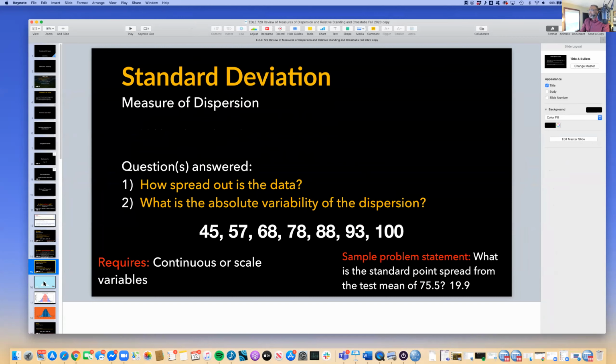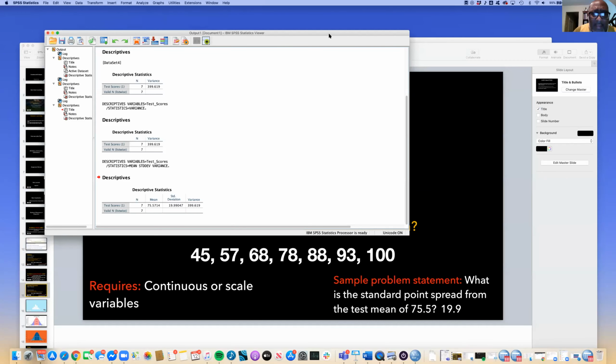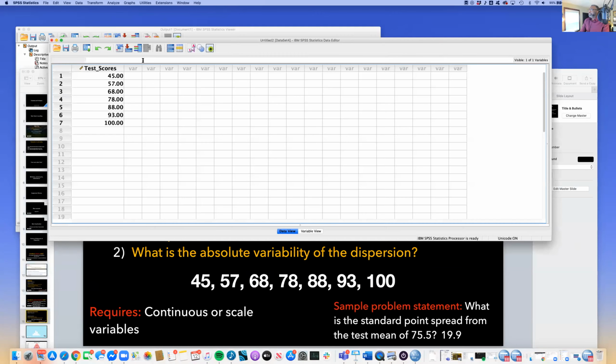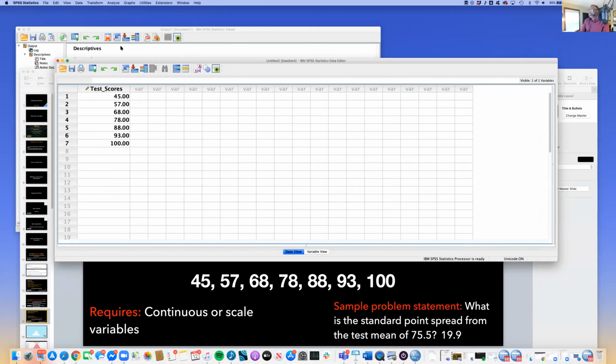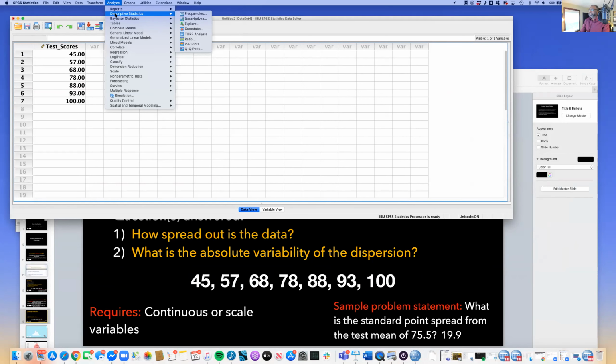Okay. Dr. Munn, can you do that again for me, please? Sure. The SPSS part? Yes, sir. Sure, happily. All right. So you have your same set of numbers here. And so all you do is go to Analyze. You go to Descriptive Statistics. And you go to Descriptives.